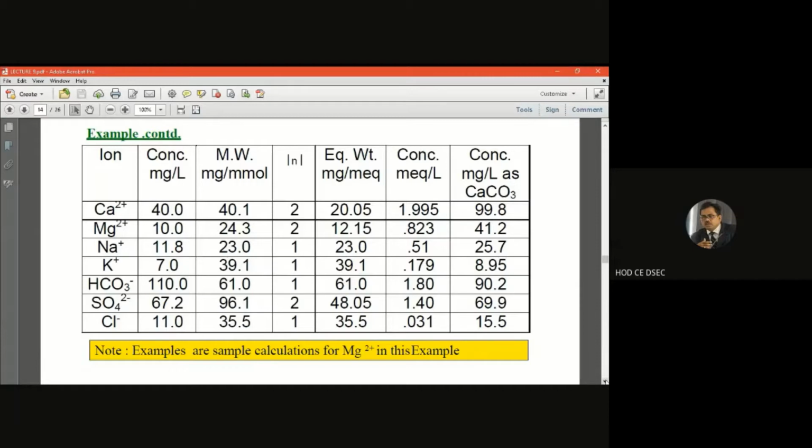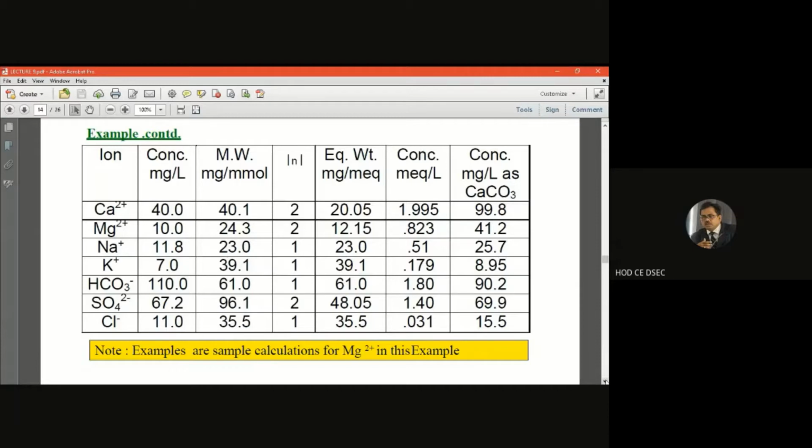But since I am showing you the problem solution, I have considered 40.1 for accurate analysis. But you may take 40 if you can't remember the value after the decimal. So likewise, magnesium 24.3, sodium 23, potassium 39.1, bicarbonate 61, sulfate 96.1, chloride.